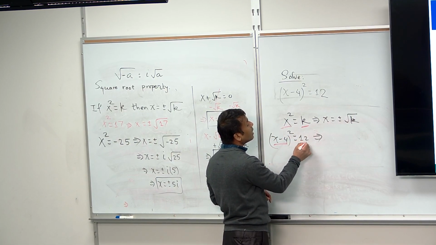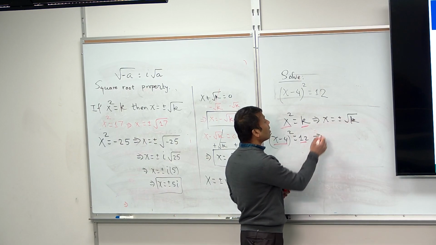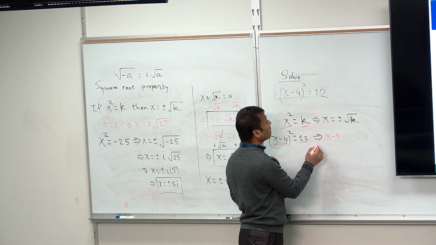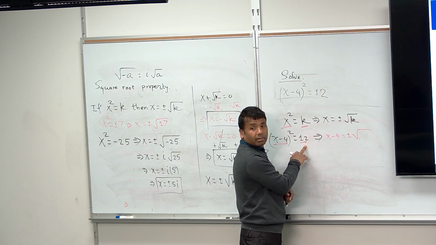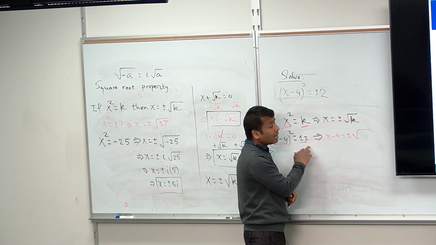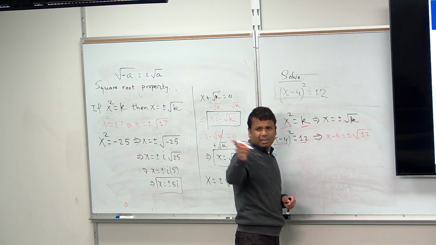In place of k, you have 12, right? So now you simply write x - 4 = ± √12. Did you get that?